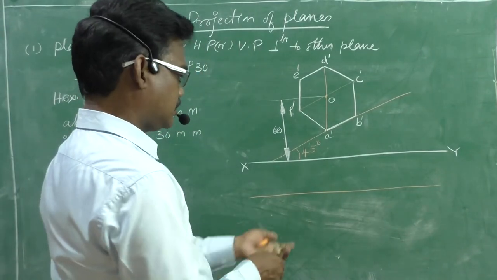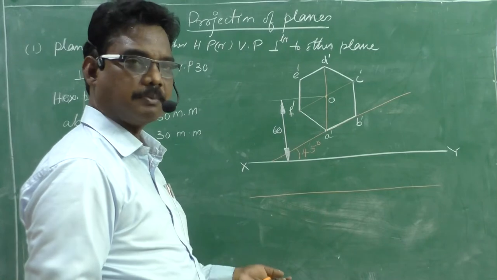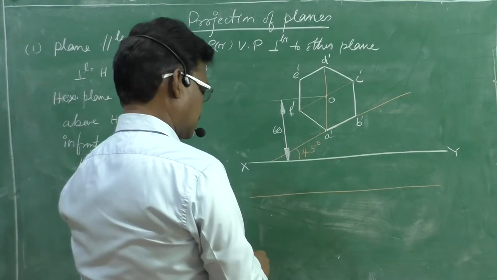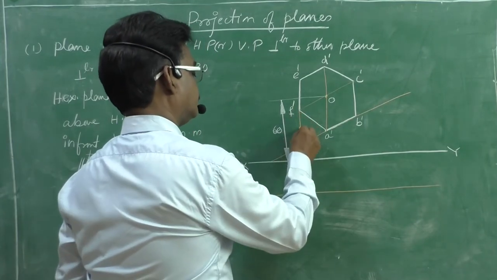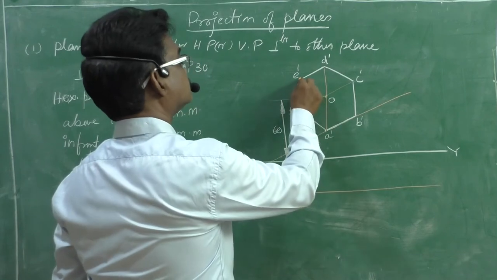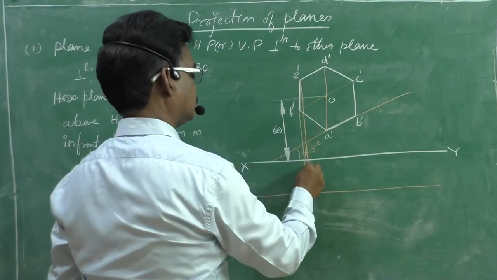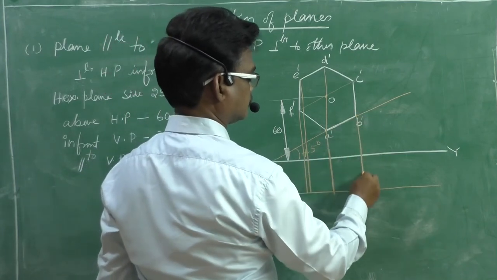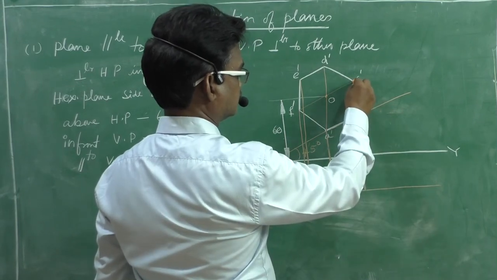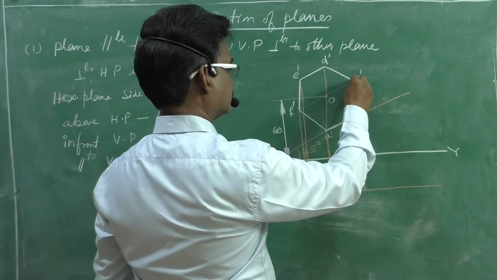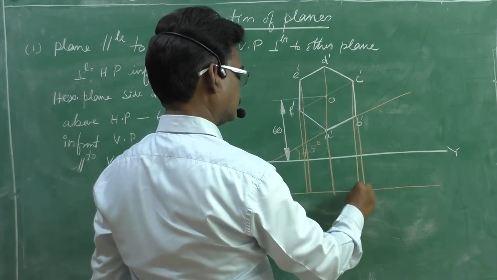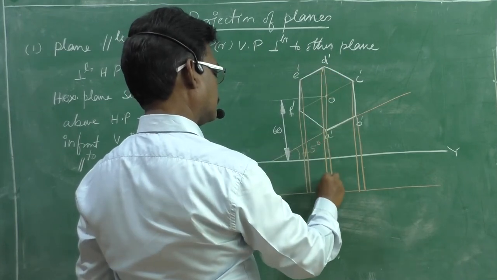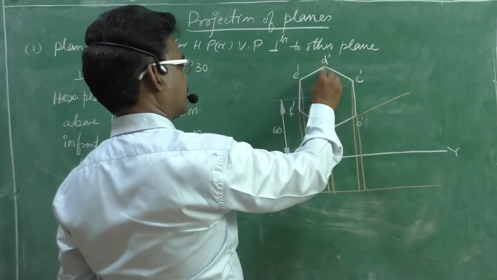On this line only the top view is obtained, and that view is parallel to the reference line. Now, project it downwards. Okay, perfect projection is required.